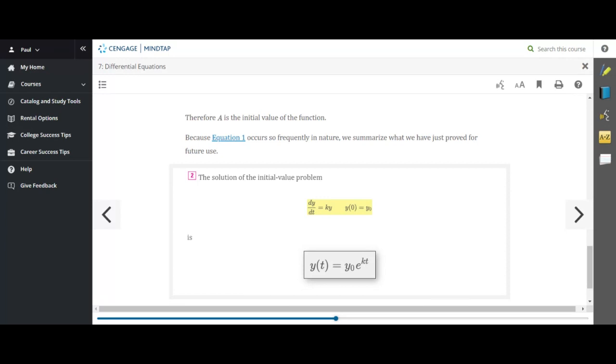Since we've gone through it once, I'm okay if you use the formula. It works for the section 7.4 problems, but not necessarily for the 7.3 problems. This 7.4 is very specific types of problems, exponential growth, exponential decay. Good question.